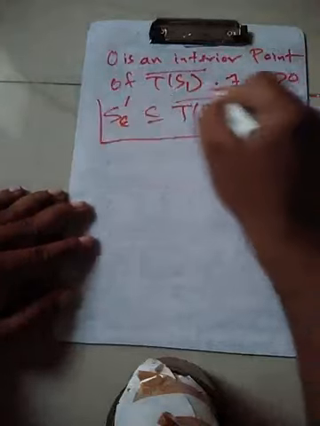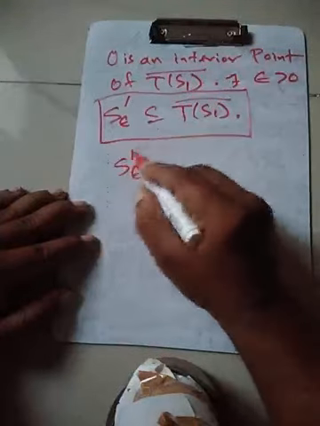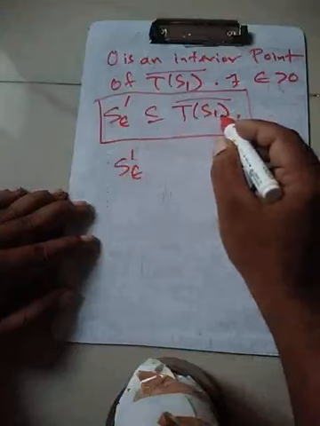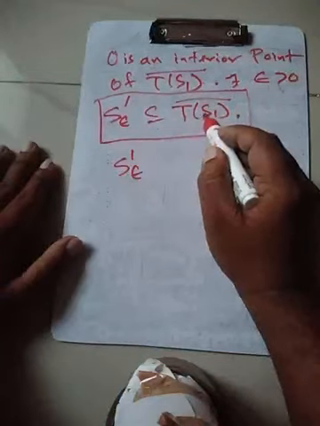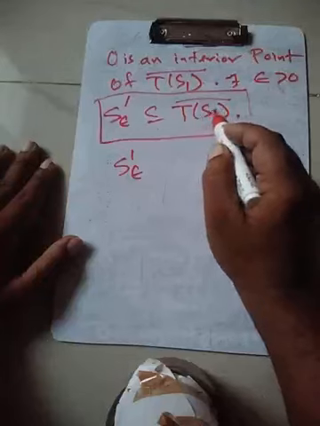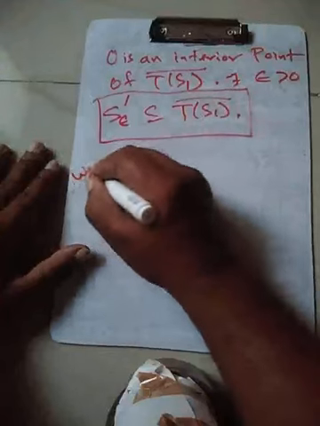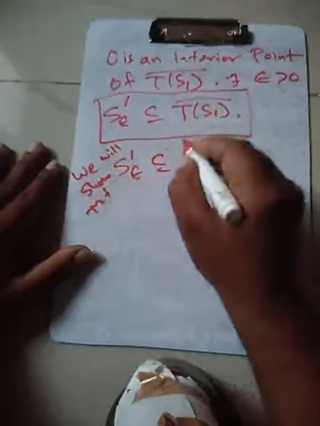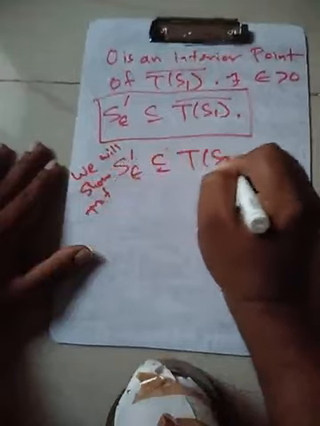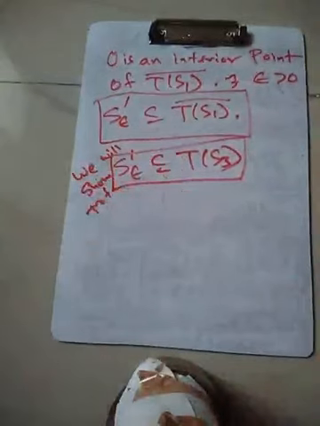Now the point here is that this is a closure of the set. So S'_epsilon is contained in this set, but in fact we want to show that 0 is an interior point of the image of some ball. So we'll show that S'_epsilon is contained in T(S_3). Okay.